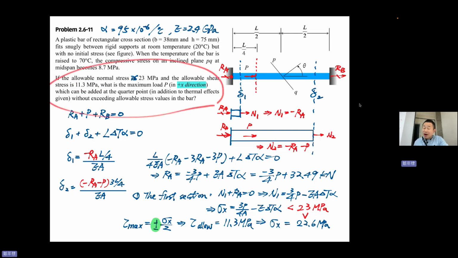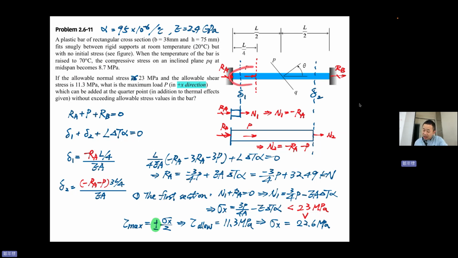The problem asks what is the maximum force we can apply at the quarter of the length so that it won't break, under the 50 degrees C increment. So the deformations we need to consider are the 50 degrees C increment, and also delta 1 and delta 2.